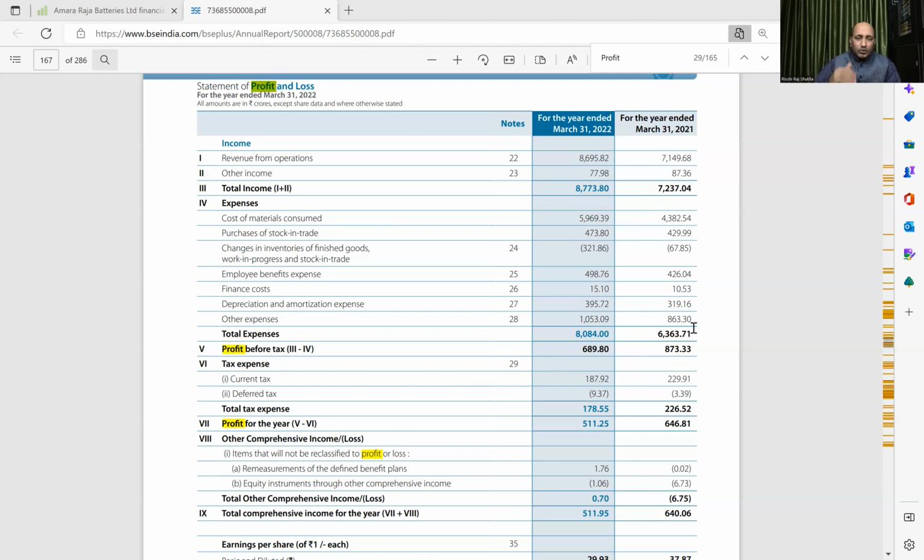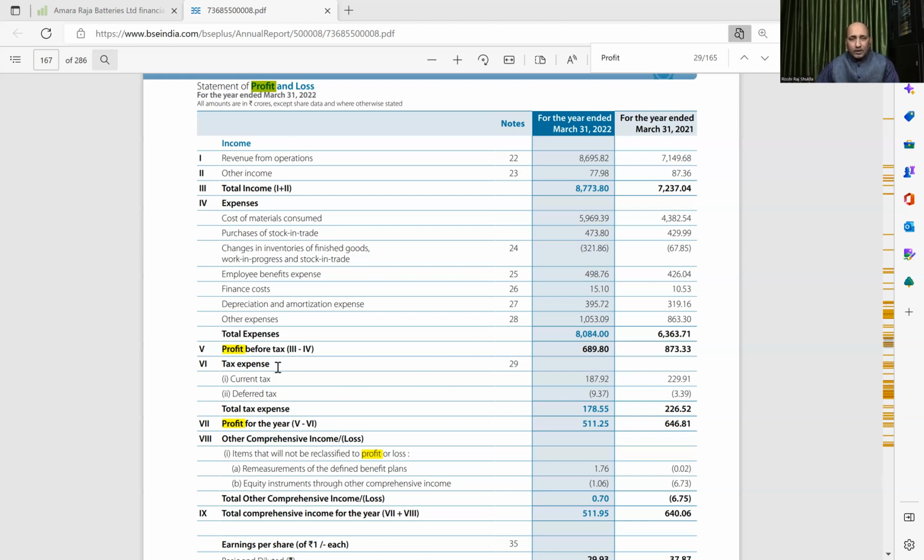Why is it less? We have to dive down and find out whether material cost increased, or employee cost increased, or other cost increased. Then we will be able to know why this happened, and accordingly, we can take decisions. So this is significant information.